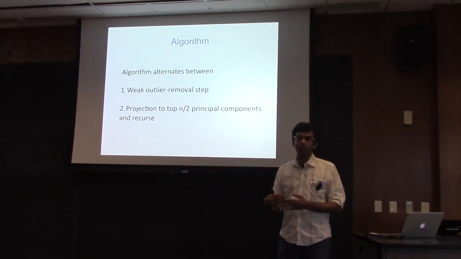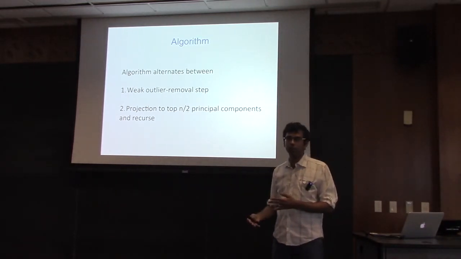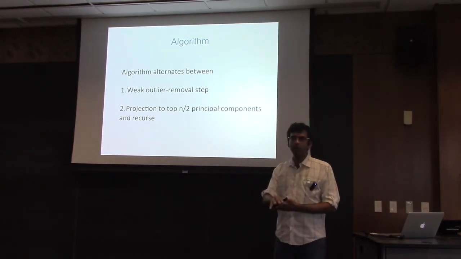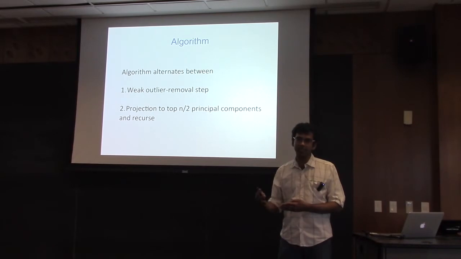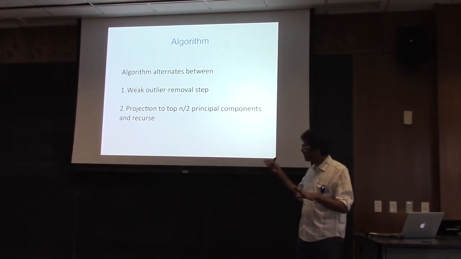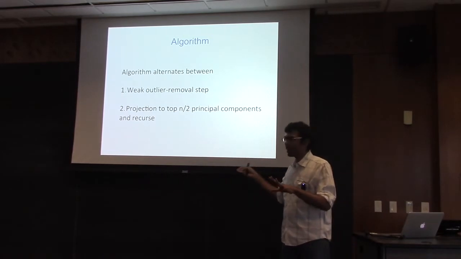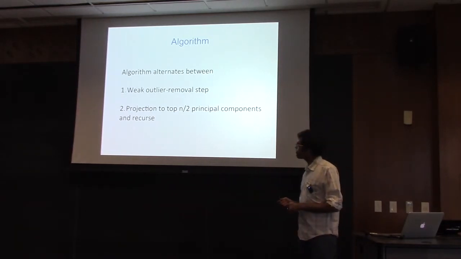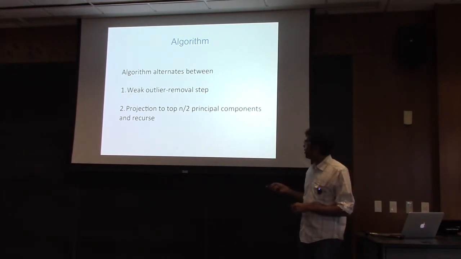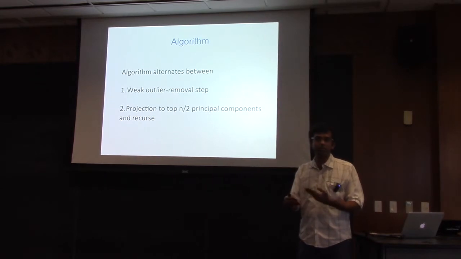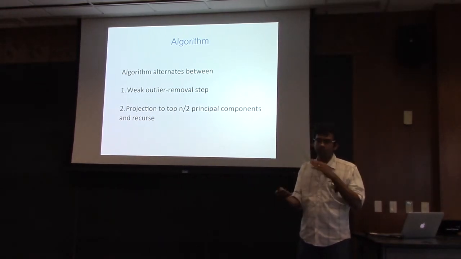Compute the top n over 2 principal components and bottom n over 2 principal components. Project all the points onto the top n over 2 principal components and recurse. This is essentially the algorithm, and I'll go over it in more detail in the next few slides. In the bottom n over 2 principal components, we can show that the mean shift vector is very small, so you can just compute the mean by sample mean.